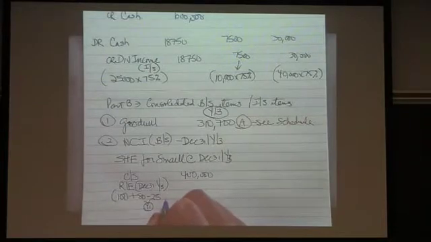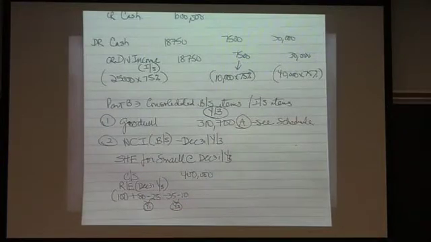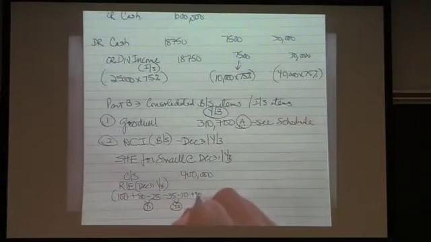Then we're going to subtract the loss of 35 and the dividends of 10. And this is year two. And then we're going to add $90,000 of profit minus the 40. That's year three.